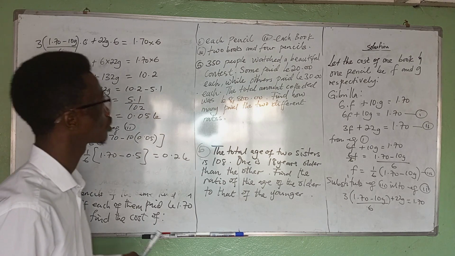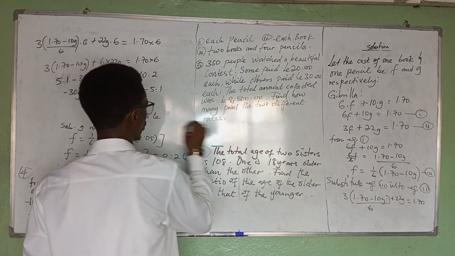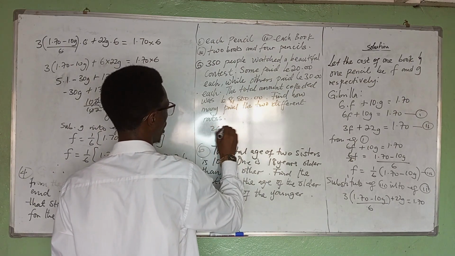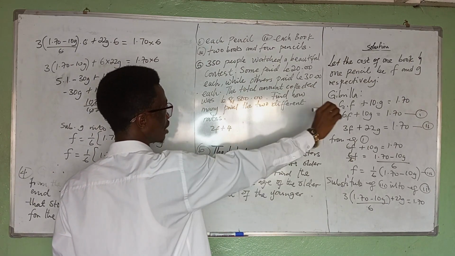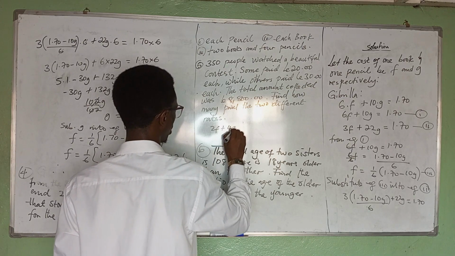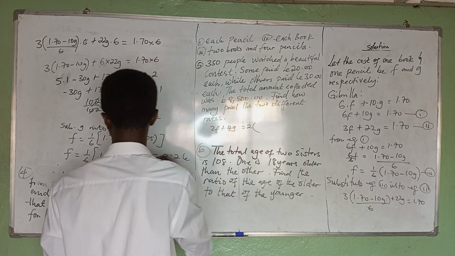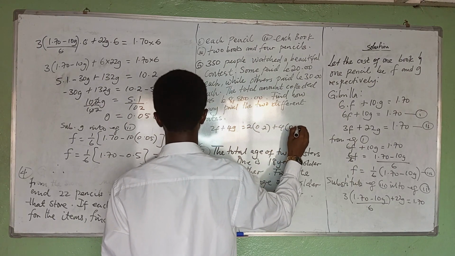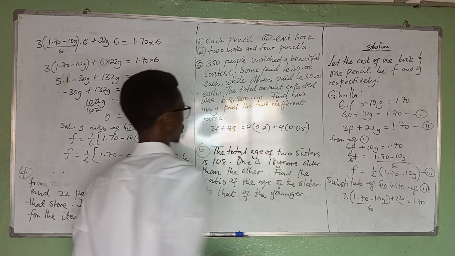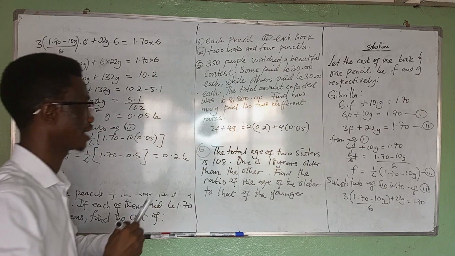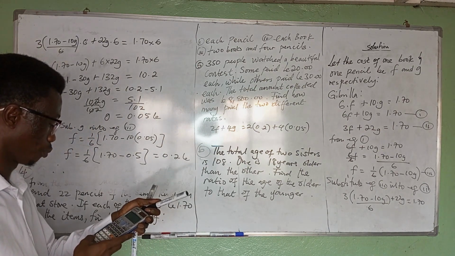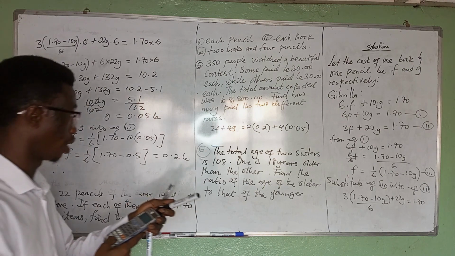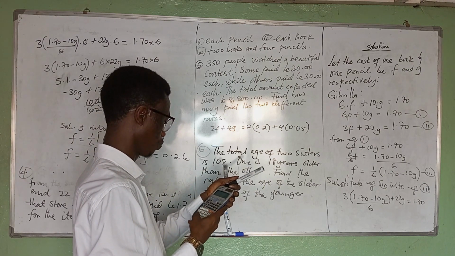Okay, 2 books and 4 pencils. 2 books, remember, was f, and pencils is represented as g, so that means 2 into your f, 0.2, plus 4 into 0.05. Okay, so multiply that. That gives you 0.2 times 2 plus 4 multiplied by 0.05.